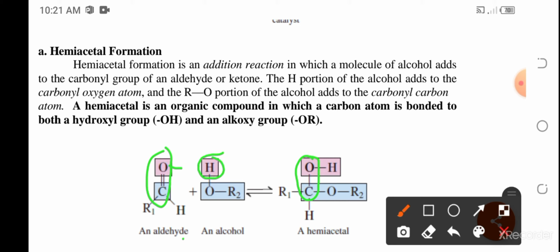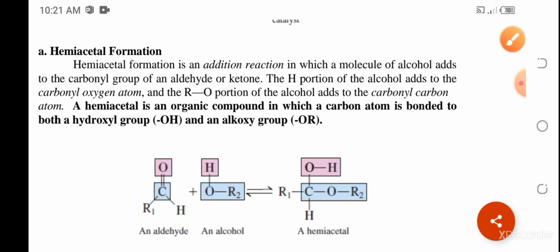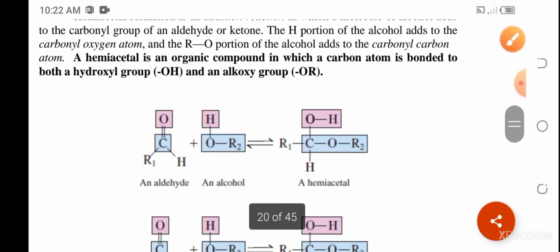The hydrogen coming from the hydroxyl of the alcohol, ito yon, will be attached to the oxygen of the aldehyde. Kaya ito. And the remaining alkoxy part of the alcohol will be attached to the carbon atom of the aldehyde. Okay? So, that is the hemiacetal formation.